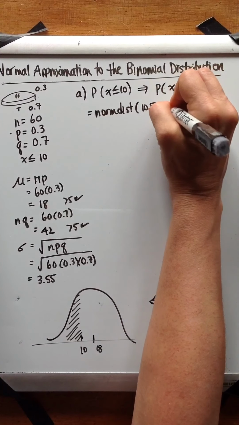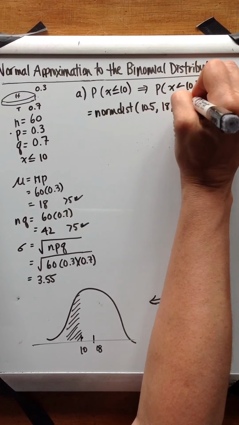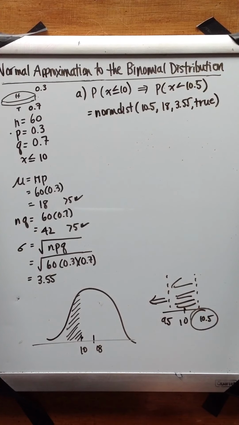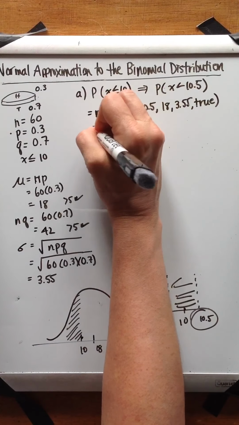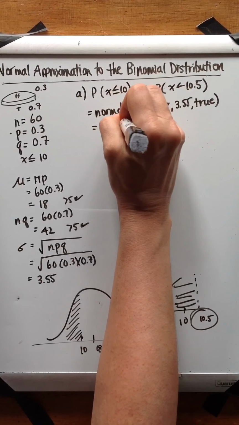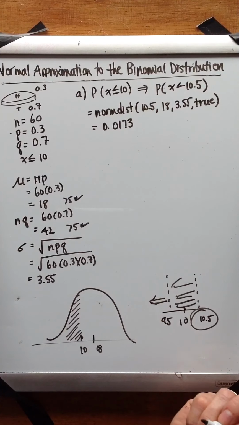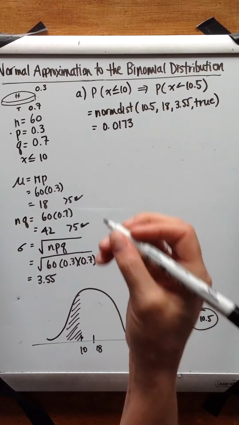Let's use our mean of 18, our standard deviation of 3.55, and end with the word true, close bracket. When you hit enter, after punching that into a cell of Google Sheets, you should end up with a value of 0.0173, which you can convert to a percent if you like. You can make it 1.7%. Okay, I'm going to leave it as a decimal.